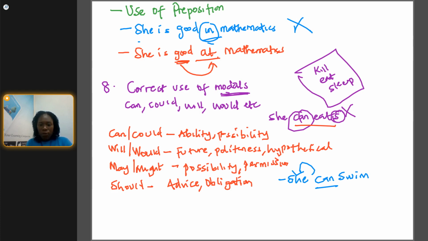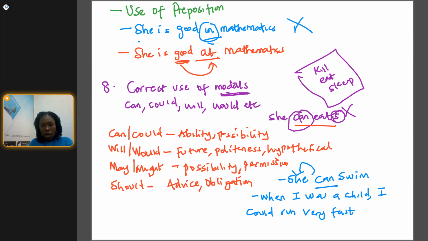Now, for could, you could use an example to say, when I was a child, I could run very fast. We're using could here, but this is showing past ability, what you could do in the past.